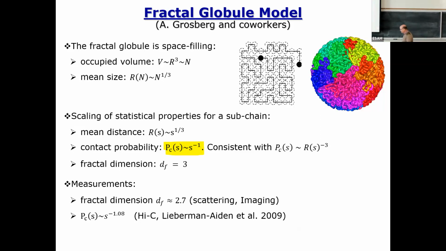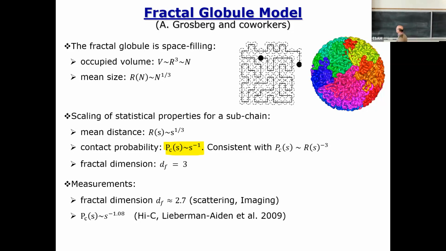And as I told you, it's not a simple kind of configuration, because let's say a Gaussian chain has fractal dimension 2. So we have to do something to get it. These are actually chromosome territories, these colors, but this is a kind of sketch of a space-filling curve.